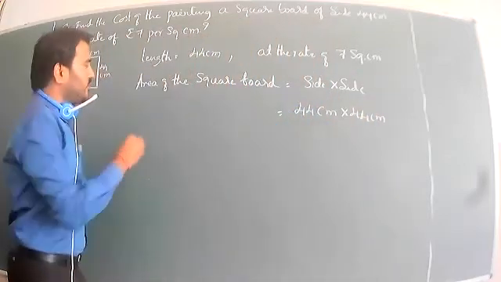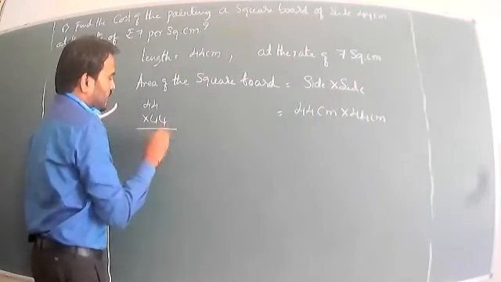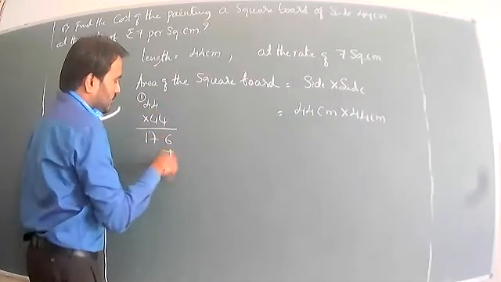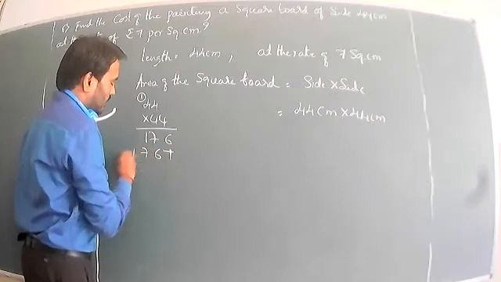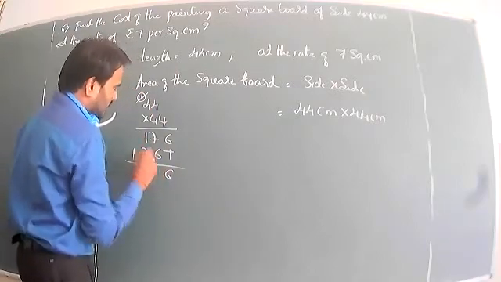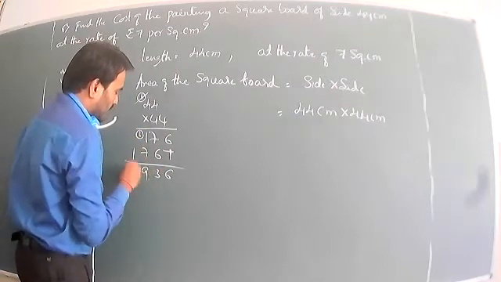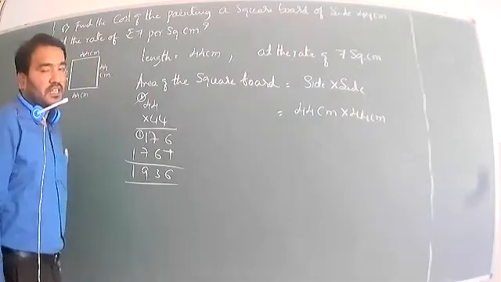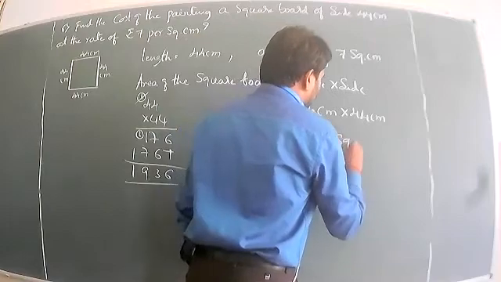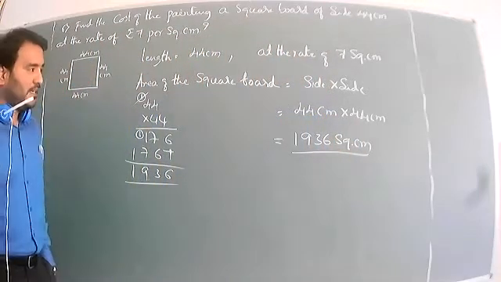What is your answer? 44 into 44: 4 sixes are 24... 6 plus 7 plus 6, 13, 1 carry, 9, 1. 1936 square centimeter. This is the area of the square board.